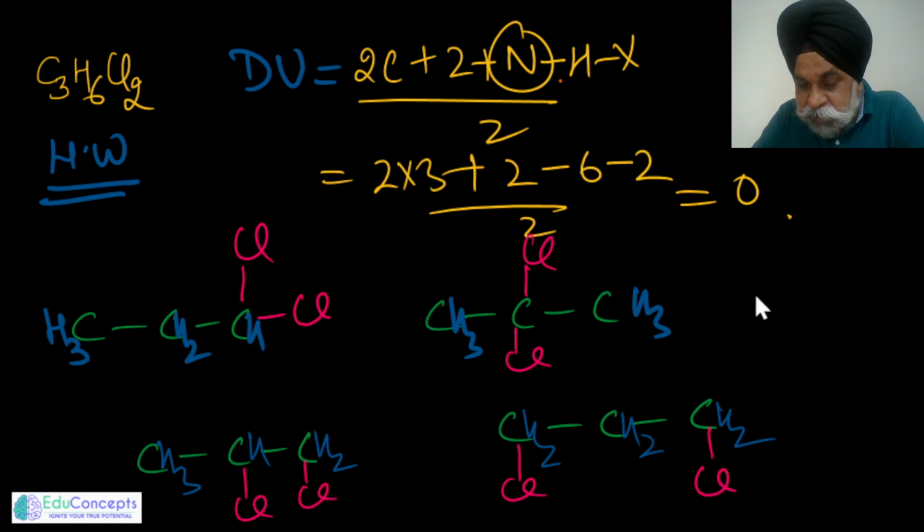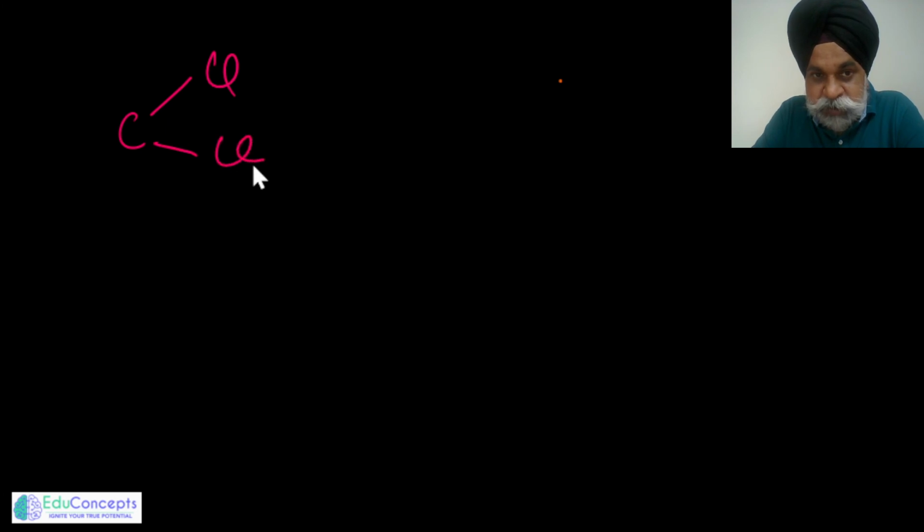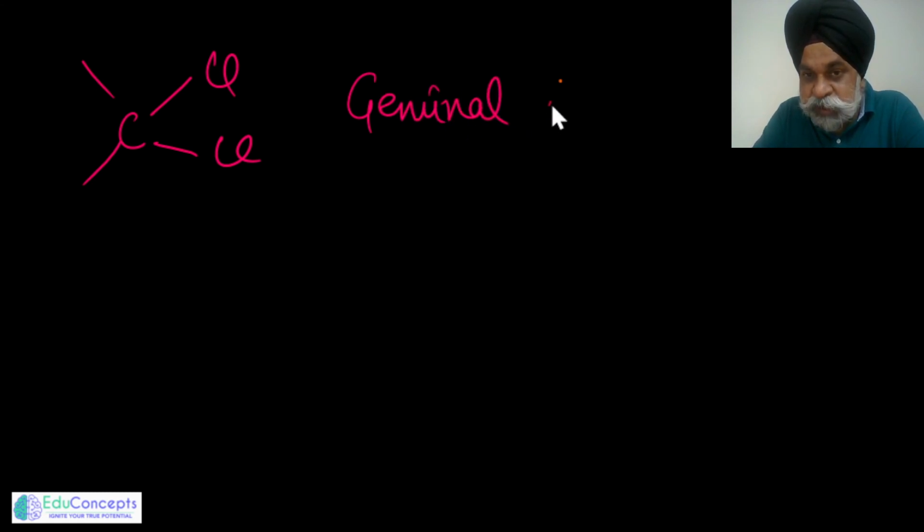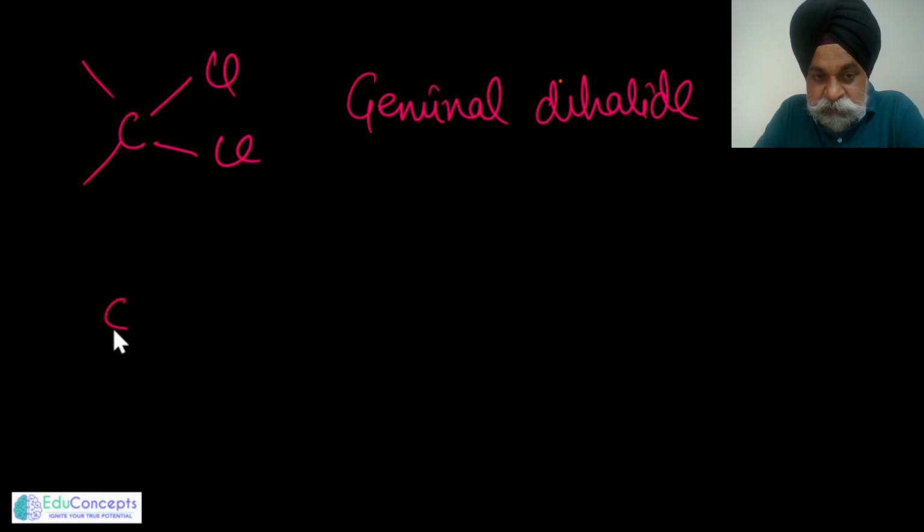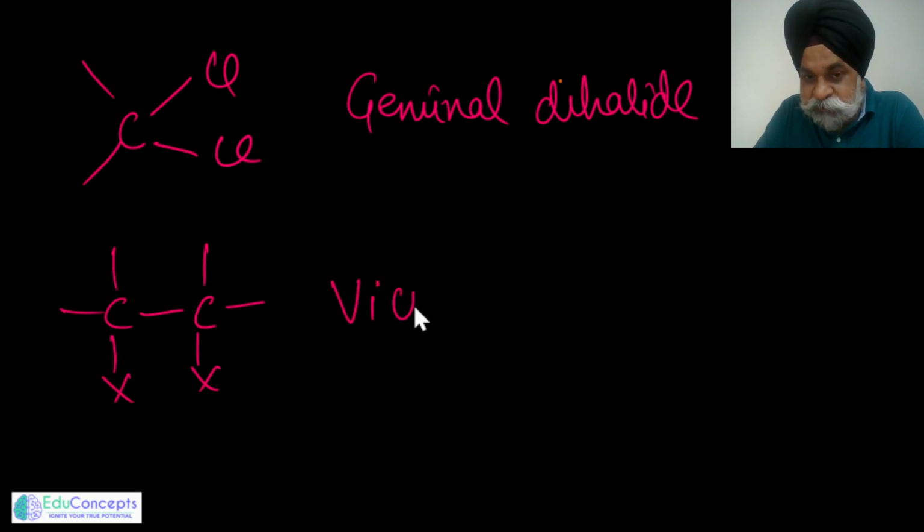Just for your knowledge base, when a given carbon atom is attached with two halogens, we will say it is a geminal dihalide. Just keep this in your knowledge bank. And when two halogen atoms are on adjacent carbon atoms, then we call it a vicinal dihalide.